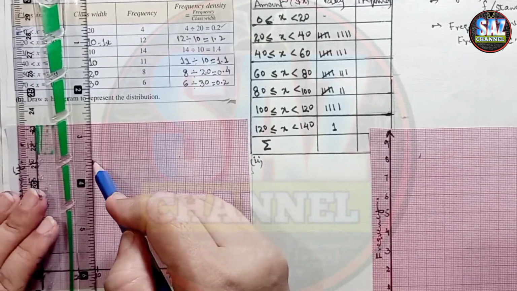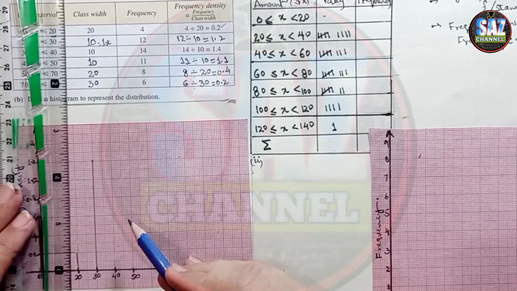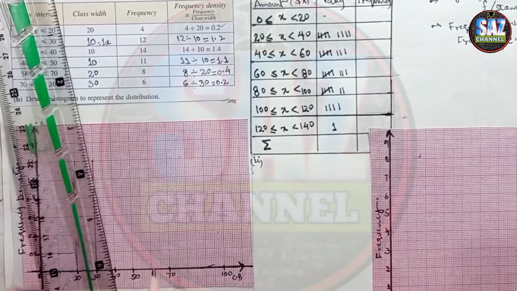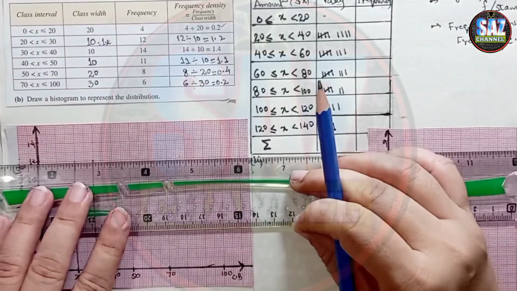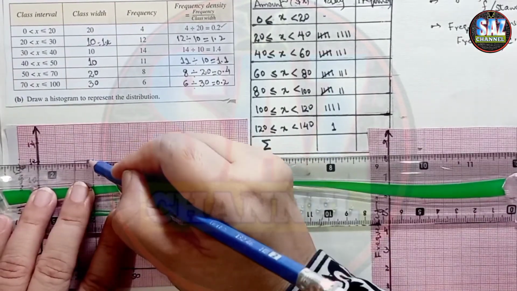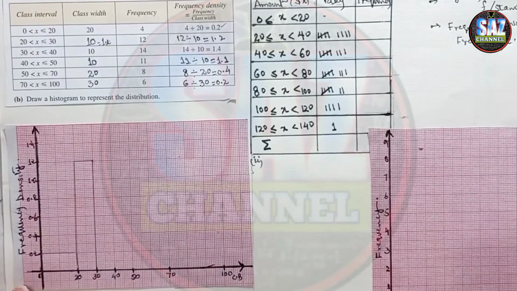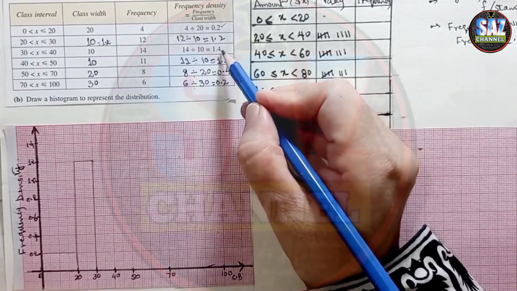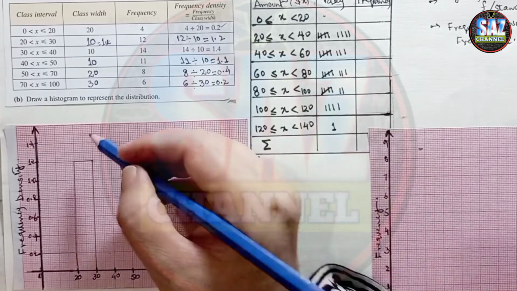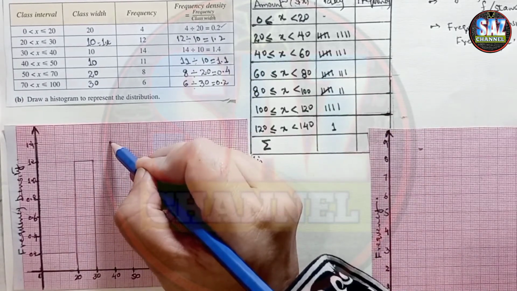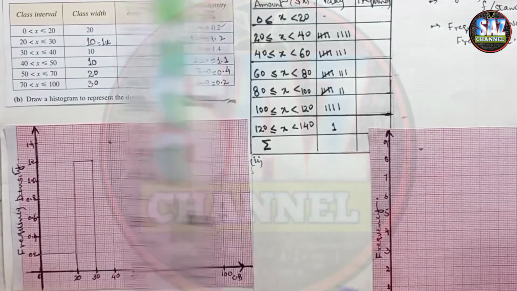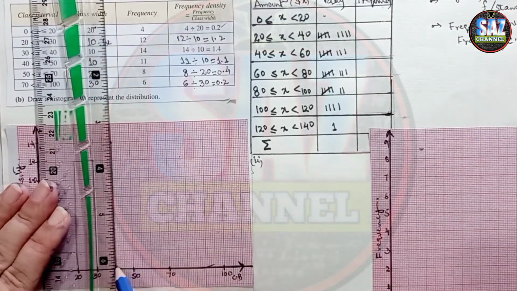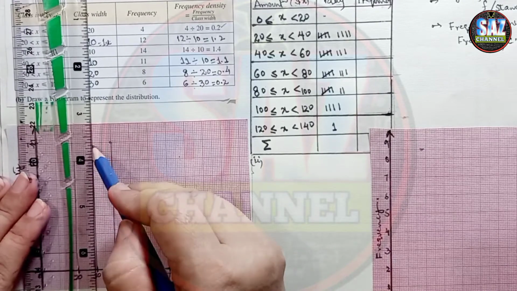Those students who have to appear in their O-level paper this time must watch and understand the complete topic of statistics properly. 1.2, and then for 30 to 40 again the standard is 1 and this is 1.4. So I have to reach in front of 1.4, and then I have to complete the rectangle.